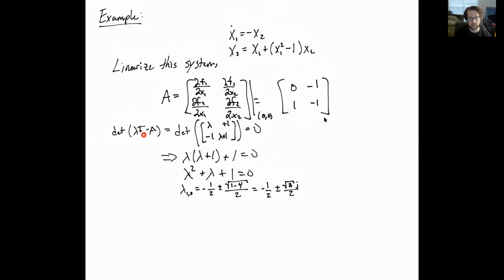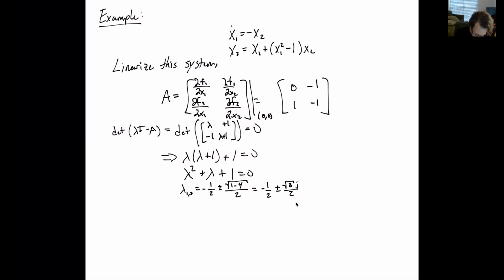We want to make sure that this is equal to 0, which implies that this is the determinant of our system. This is the characteristic equation right here. And then we get the eigenvalues of our system as -1/2 plus or minus square root of 3j, or imaginary number, over 2.